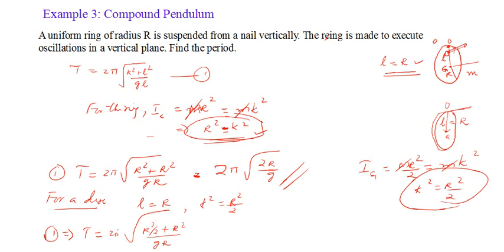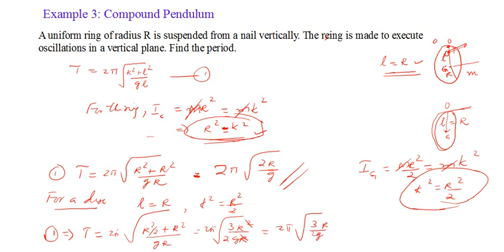So it is 2r square plus r square by 2, which is 3r square by 2, so 2 pi into root of 3r square divided by 2gr. r and r will get cancelled. So finally you are left with 2 pi into root of 3r by 2g.